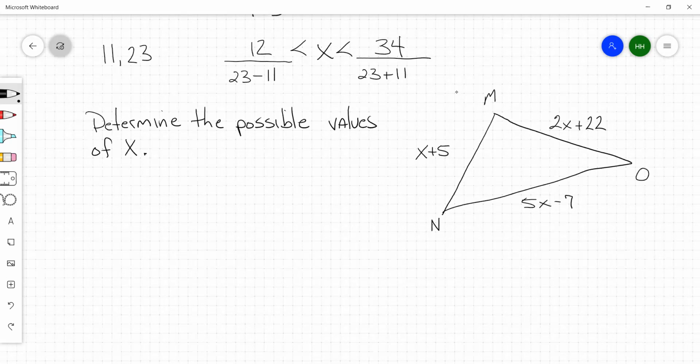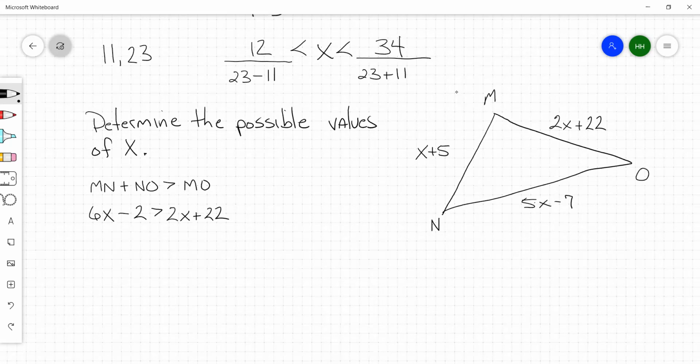Okay? You got to take MN plus NO and make it greater than MO as an inequality. So let's do MN plus NO. What is your x plus your 5x? And then positive 5 and negative 7. And that's got to be greater than 2x plus 22.